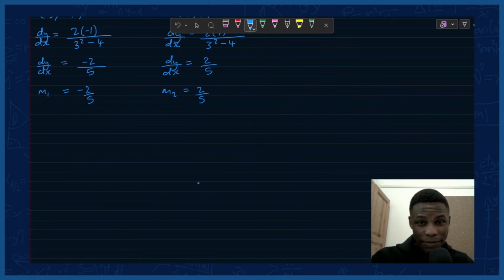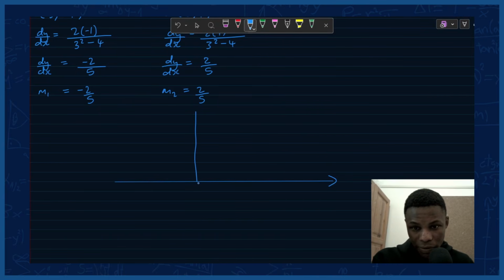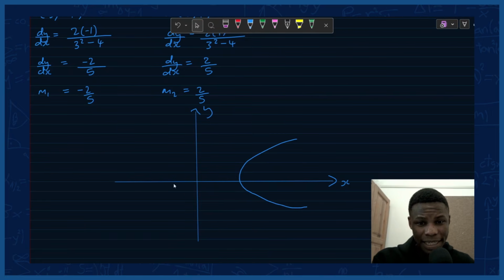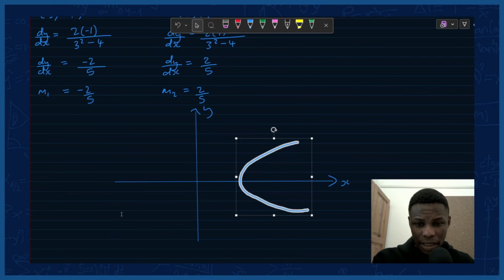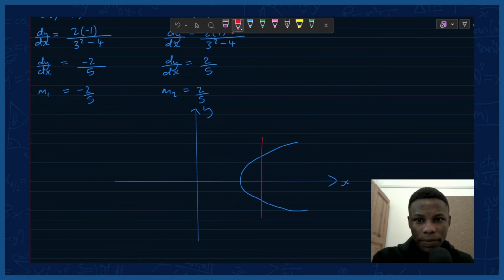Let's visualize what's actually going on here. We can draw a rough sketch so all of this makes sense. We've got a y-axis and x-axis and some weird looking curve, because this is an implicit function. An implicit function is not actually a function because it fails the vertical line test, but that's just a side note, not really necessary for what we're doing.